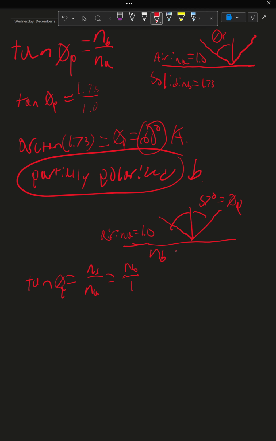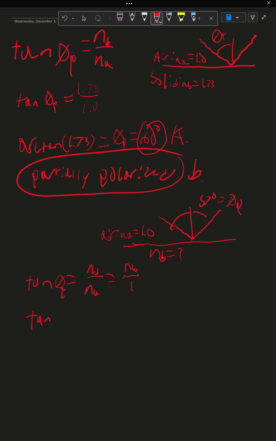That's the glass the light is reflected on. Since dividing anything by 1 just equals that thing, n b divided by 1 is just n b.